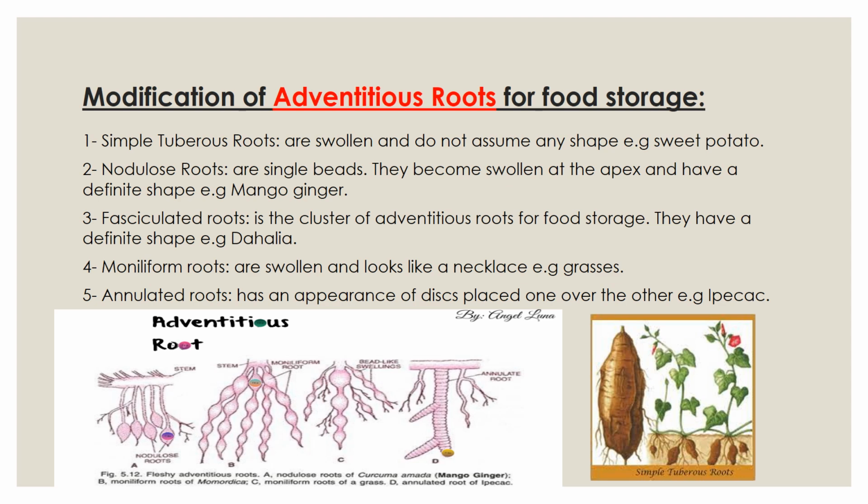Okay, number 4 is moniliform roots. We can see it in the middle of this picture below, the letters B and C. It's moniliform roots.